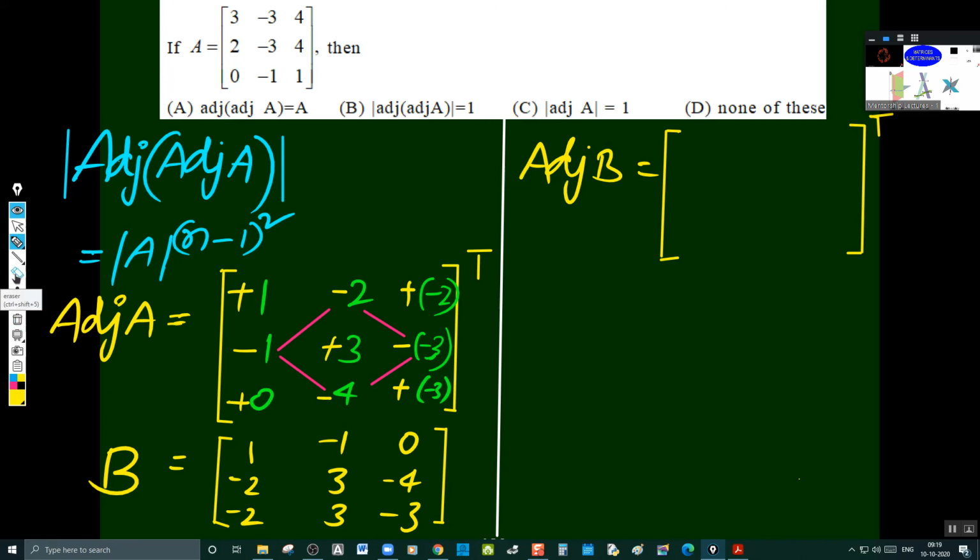Otherwise you'll forget. Don't make the error of forgetting the transpose. But I'm writing this directly because I taught this. Come on, tell me. Let us believe Srivardan. Come on, tell me the answer.